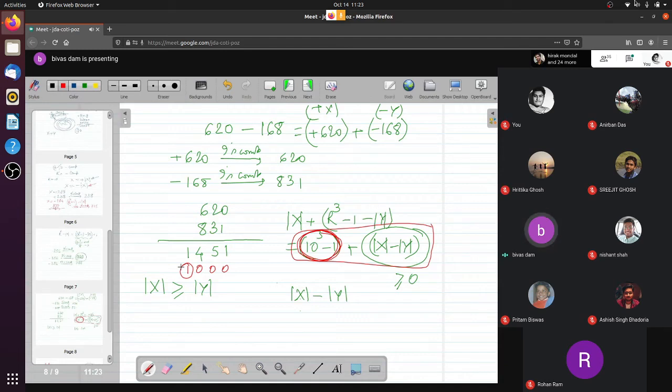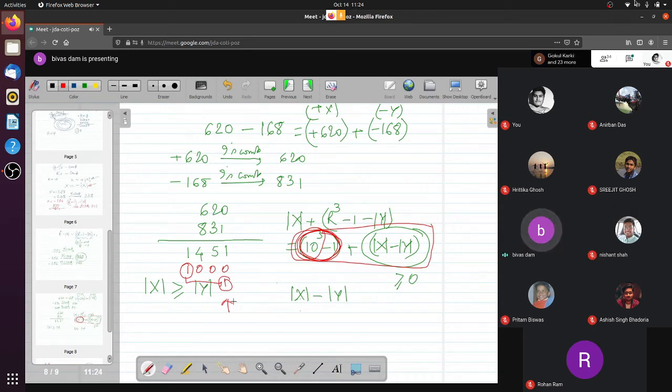Now, I can do a trick. This 10 to the power 3, if I consider it as a 1, take it and add it to the least digit position, then in which position is this 1 coming? Position number 0. In position number 0, if I have a 1, what will be its positional value? 1, in the decimal number system.